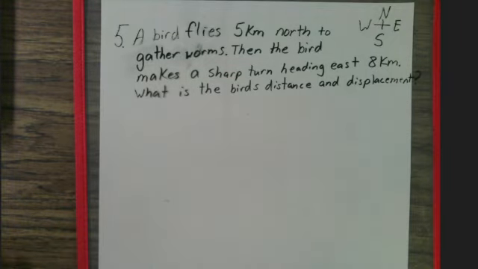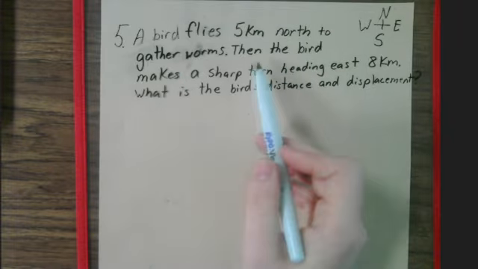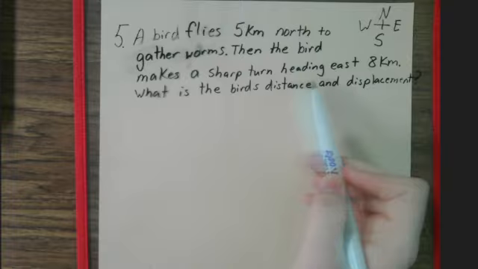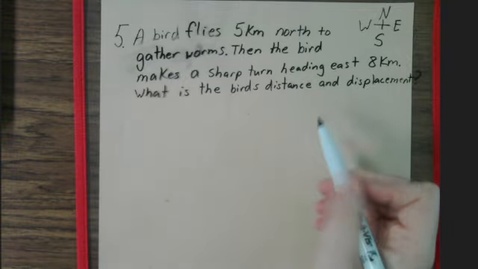A bird flies 45 kilometers north to gather worms. Then the bird makes a sharp turn heading east 8 kilometers. What is the bird's distance and displacement?